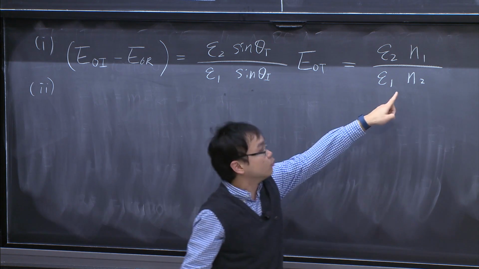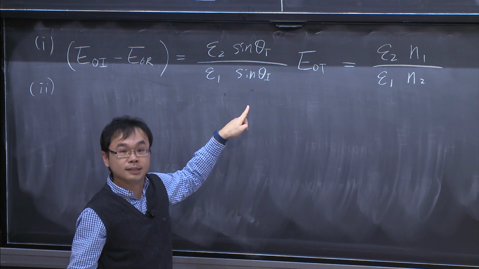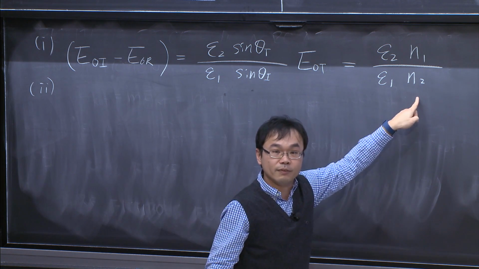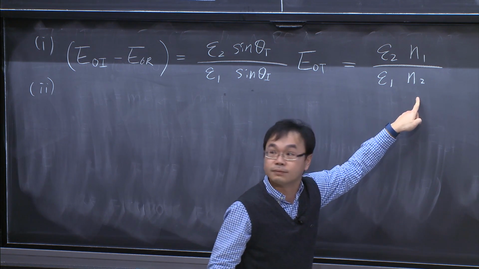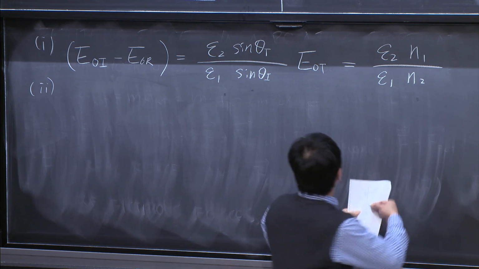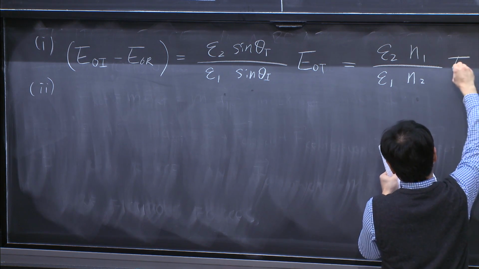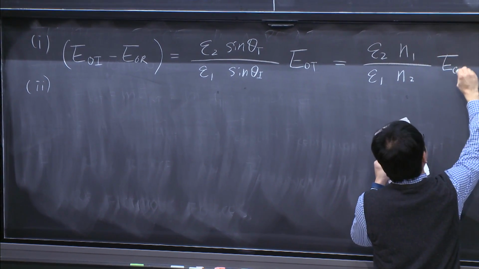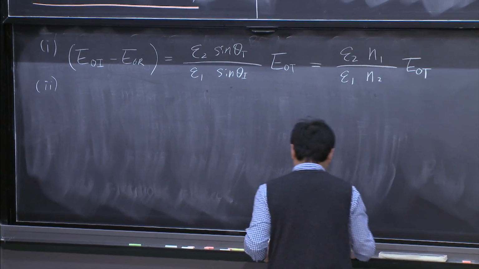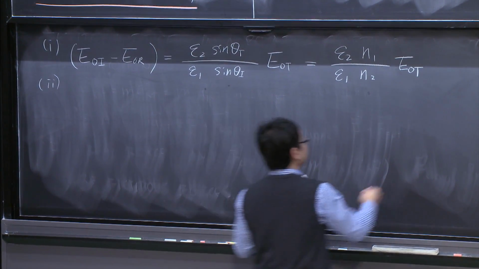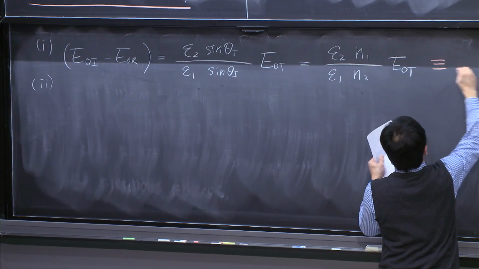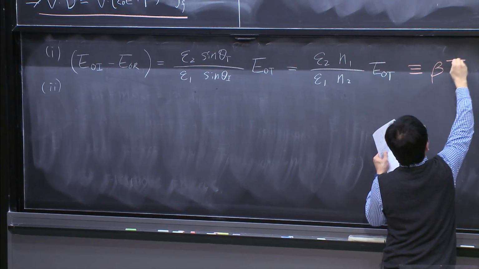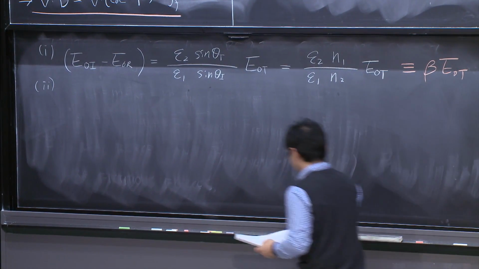Therefore, I can replace this ratio of sine angles by the refractive indices. Everybody's following? Okay, very good. And this will be multiplied by E0t. I can now define this as beta, to make our life easier.